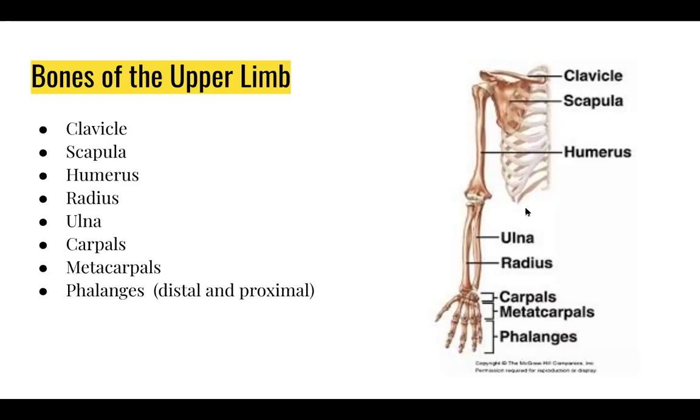I couldn't think of a mnemonic for that, so that's all I have. The radius, ulna, and humerus all three form your elbow joint. It's a very complicated joint, so we'll not get into that because I'm not sure I remember every single thing about it, but it's all three bones.